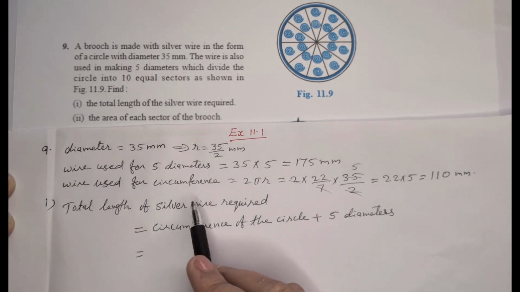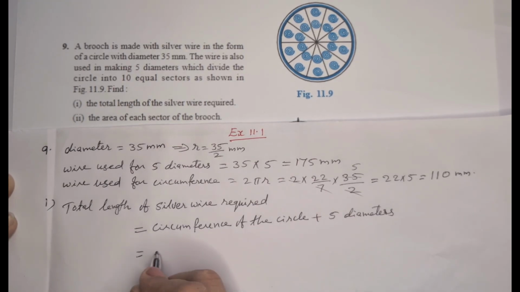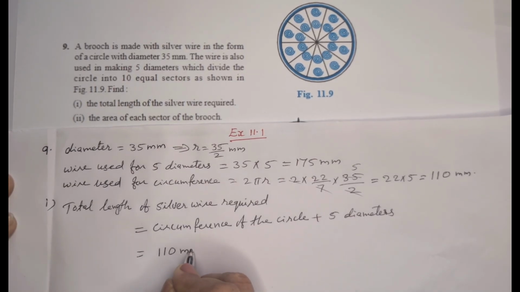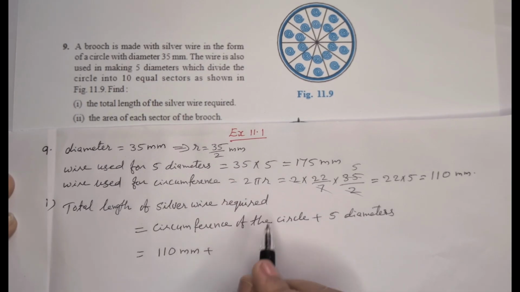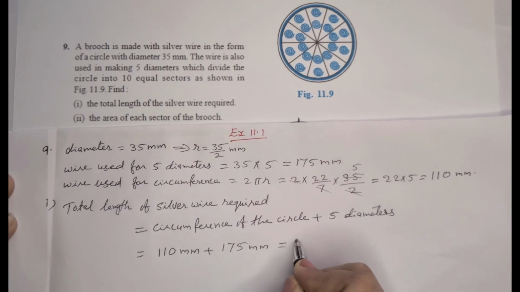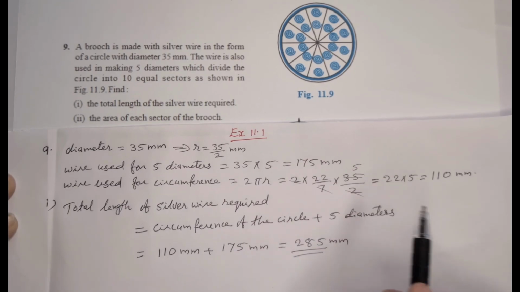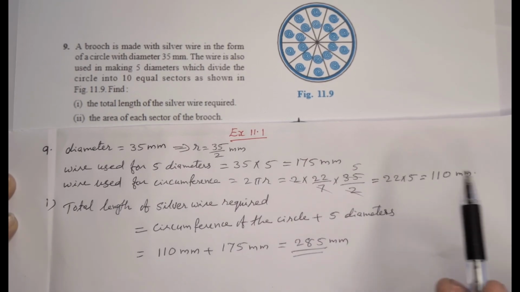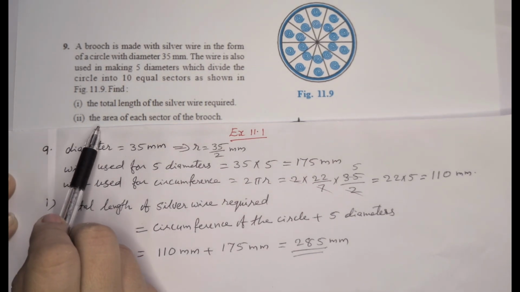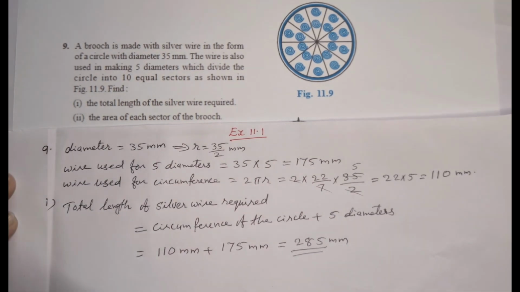The circumference we got as 110 millimeter, plus 5 diameters 175, is equal to 285 millimeter of silver wire required for that brooch.